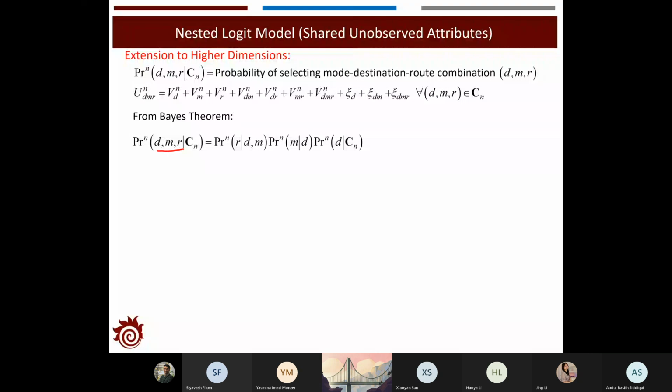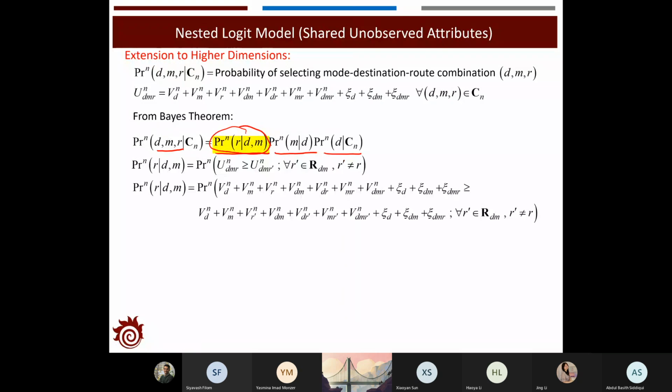As this is a 3-dimensional problem, the joint probability becomes the conditional probability of the route r given d and m, times the conditional probability of m given d, times the marginal probability of the destination d. And we can first see how we can get the expression for the conditional probability of r given dm.